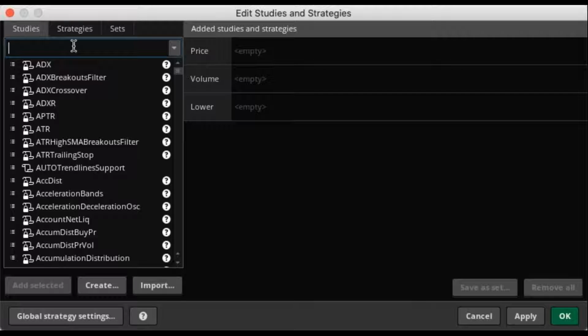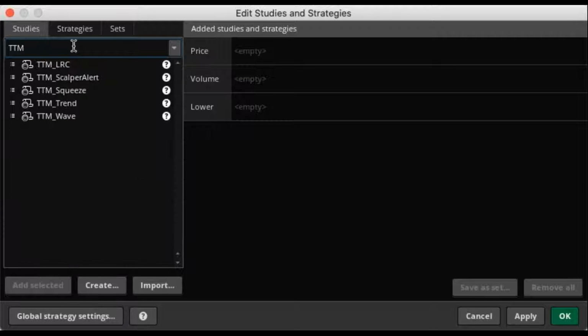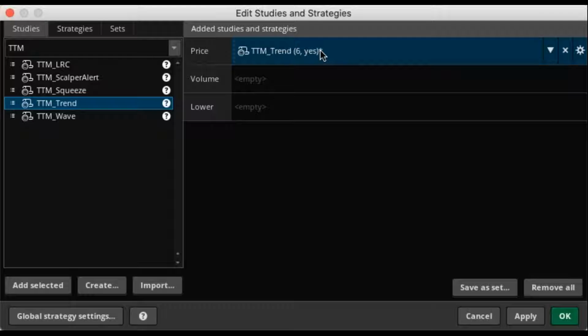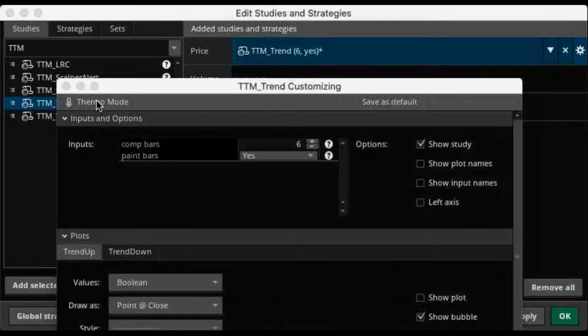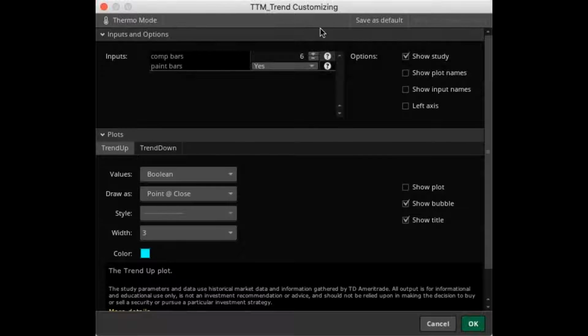And then the first thing we're going to type in is TTM. That's going to be the TTM trend. Okay, once we have the TTM trend in here, we go to settings, and that's going to bring up another box that says TTM trend customizing.